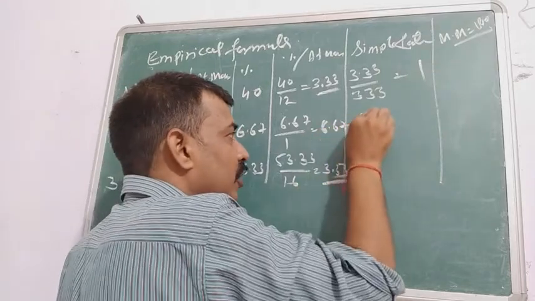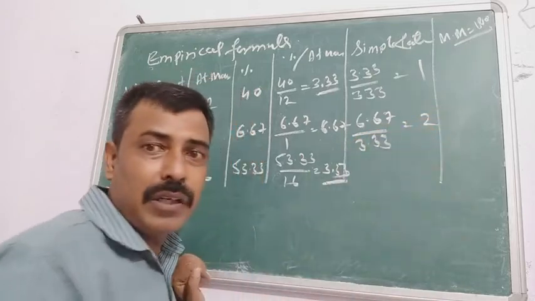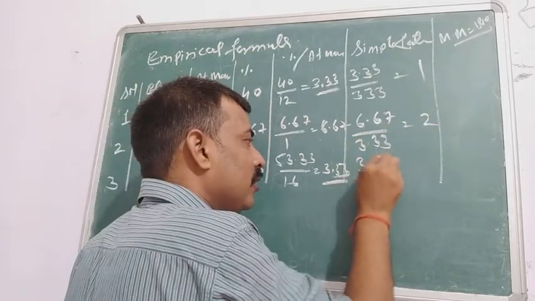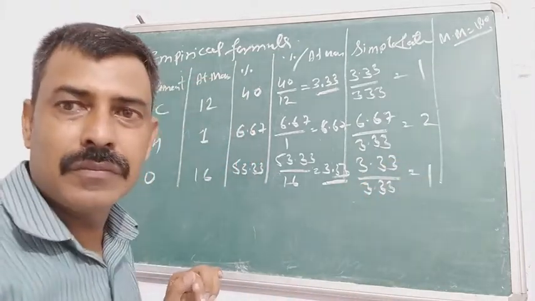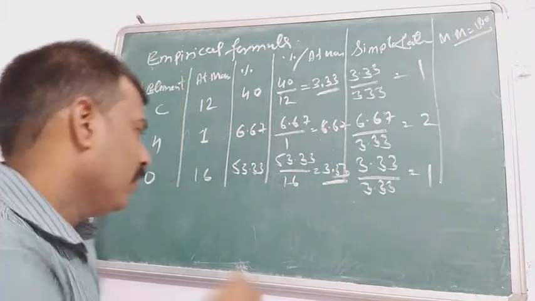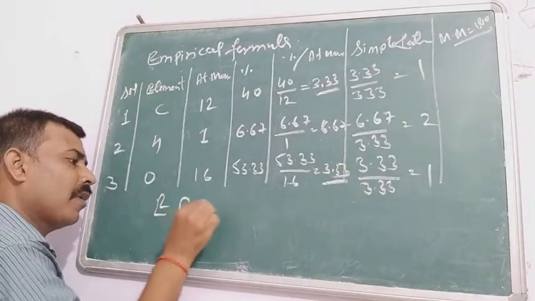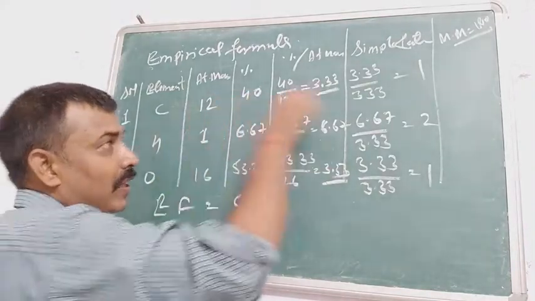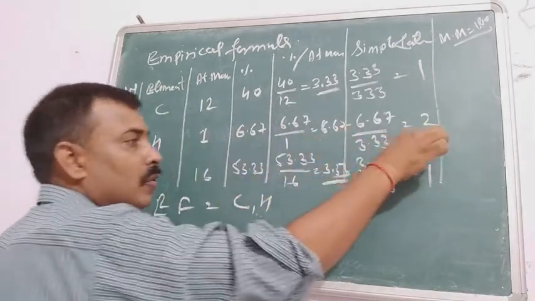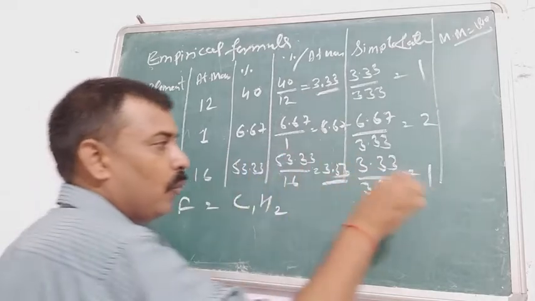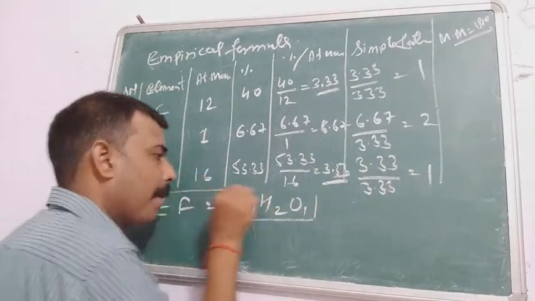In this case, 6.67 divided by 3.33 is approximately 2, and in this case 3.33 divided by 3.33, it will be 1. Then what is the empirical formula? According to this, the empirical formula equals C. What is the number of C? 1. H2 and O1, and this is the empirical formula.